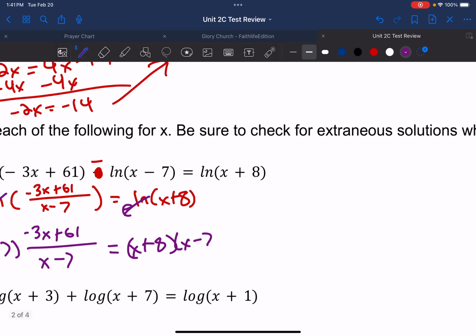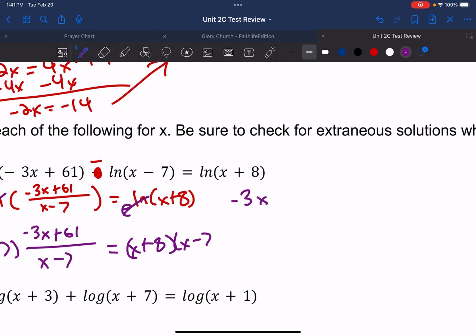And that's going to give me negative 3x plus 61 equals x squared plus x. So I'm multiplying these right here. X squared plus x, sorry, my brain's lagging, plus 50 minus 56.